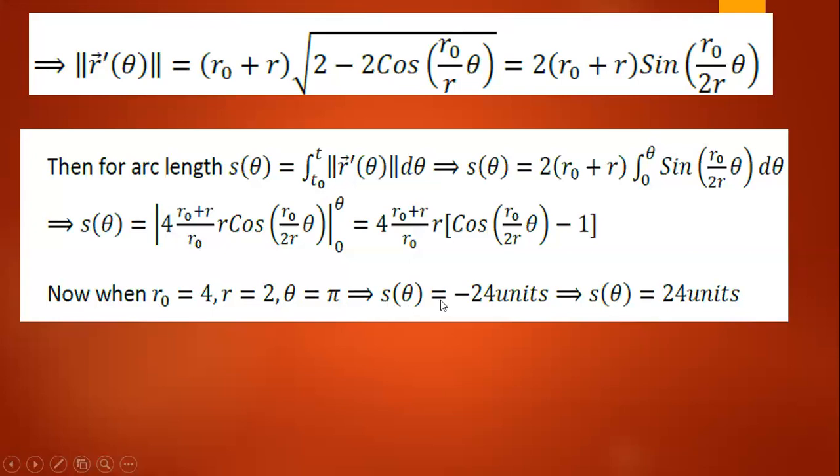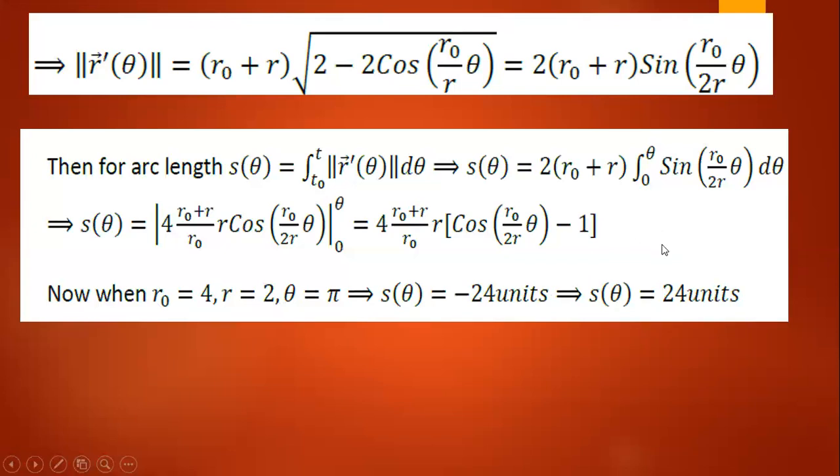So s theta is equal to, when we put here r naught plus r, this term becomes 6 and this term becomes 4. This 4 cancels with this one, and this r is again 2. Simplifying this term, we get minus 24 units.